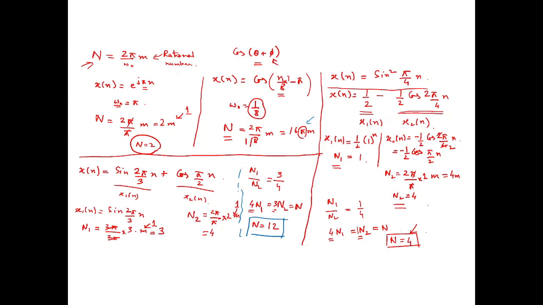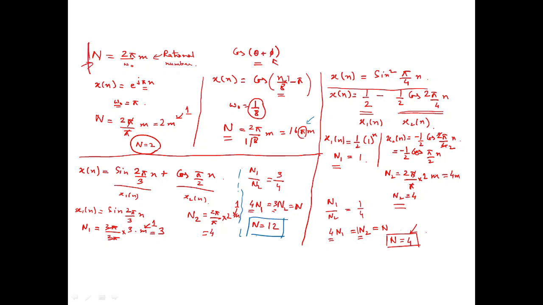Now, if I give you the equation of a discrete time signal, we will be discussing discrete time signals, because we are mostly interested in digital signal processing, so we will be dealing with only discrete time signals. If I give you one signal, how do you find out whether it is a periodic signal or not?